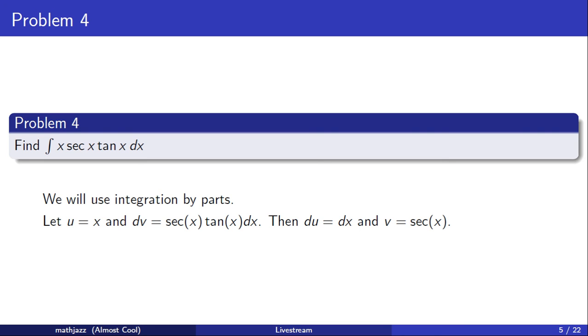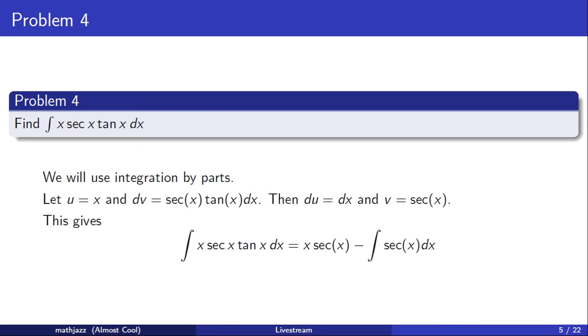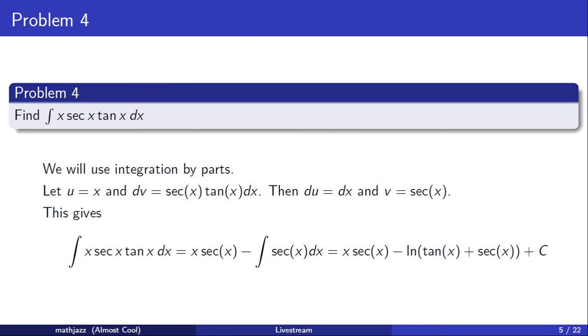So we get du and v and we plug those into our integration by parts formula, like so. And we know that the integral of secant of x is going to be the natural log of the tangent of x plus the secant of x.